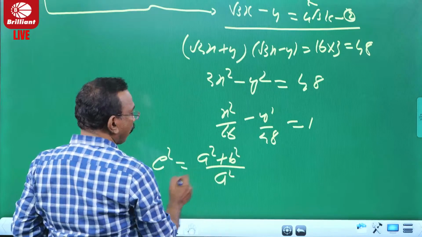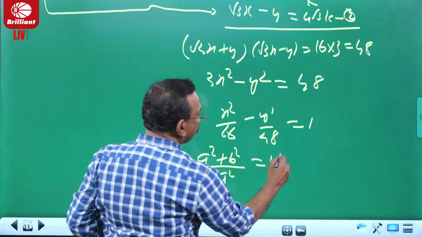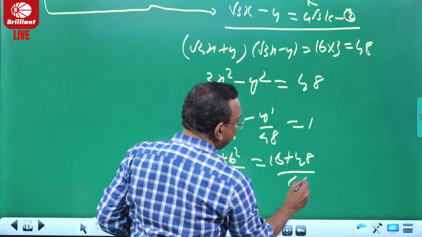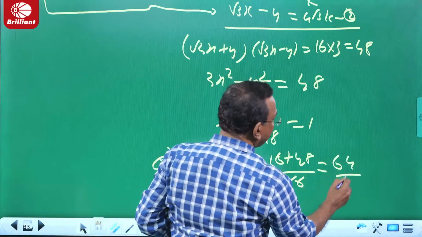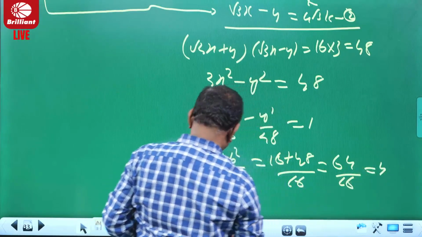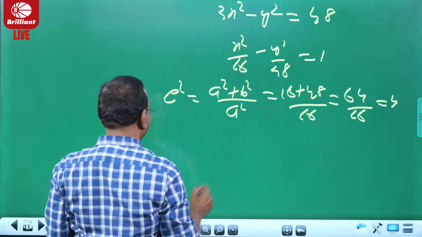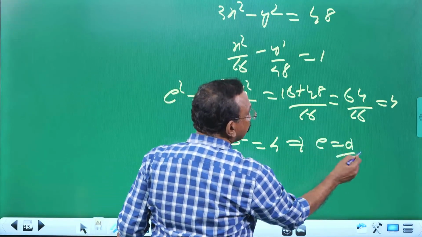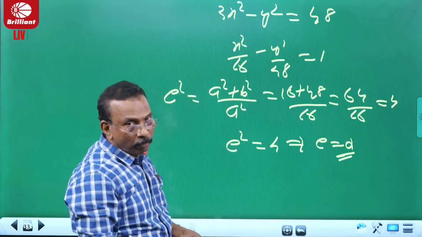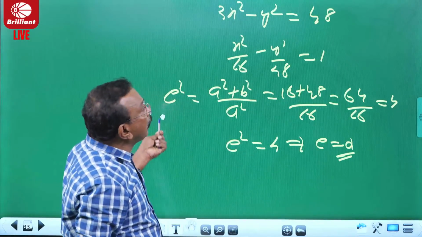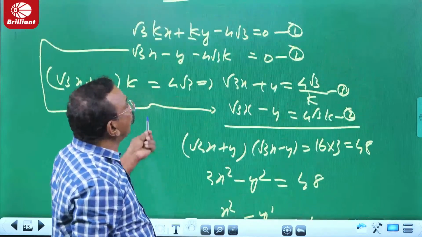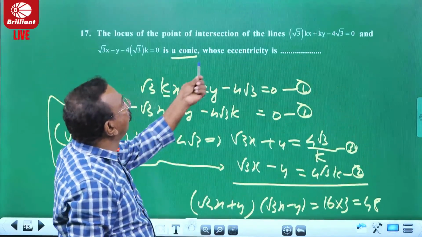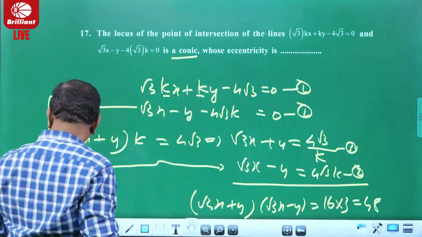So here it is 16 plus 48 by 16, which is 64 by 16, equal to 4. So e square is equal to 4, which implies that e equals 2. This is a good way to find the answer. Eliminating k is a very important thing. Read carefully and do that work to find the eccentricity.